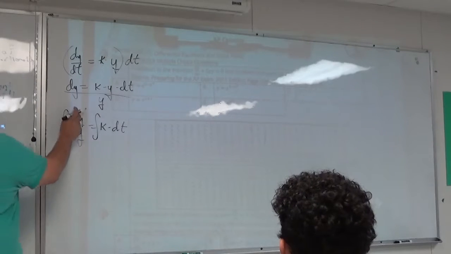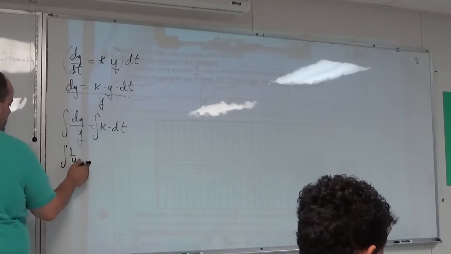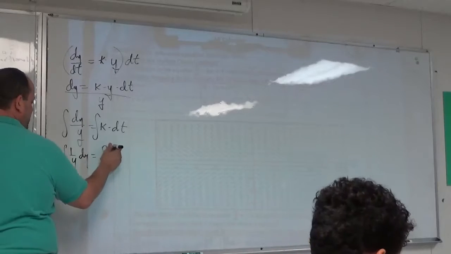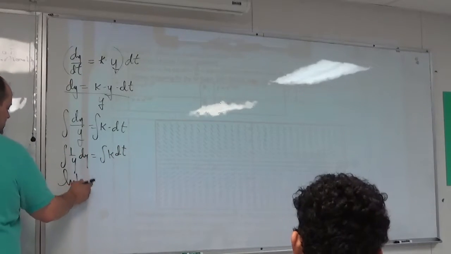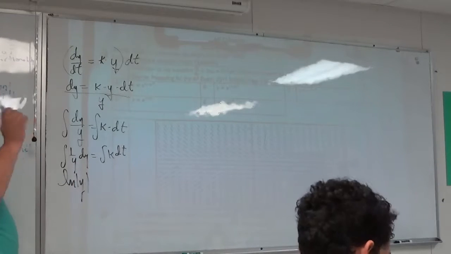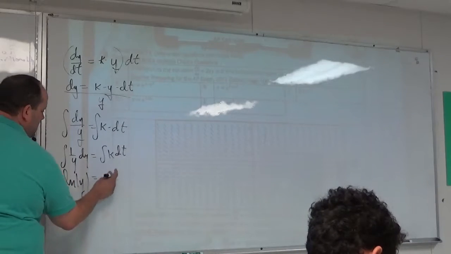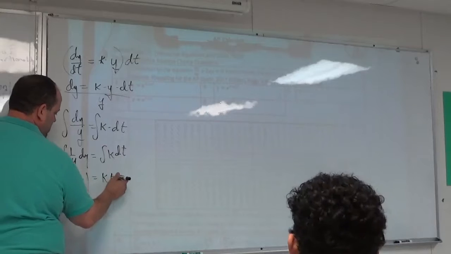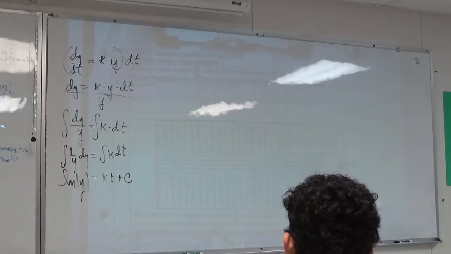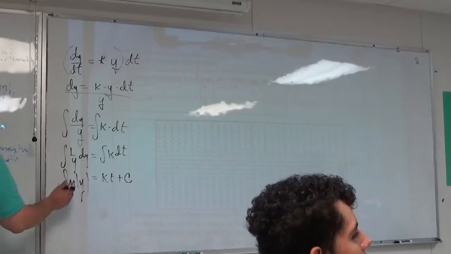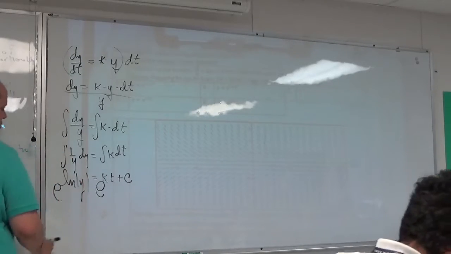Now, I heard somebody say dy over y, that's the same as 1 over y dy. The integral of 1 over y dy, you ought to know, is natural log absolute value of y. The integral of k, where k is a constant, is kt plus c. Don't forget about Charlie, somebody's favorite superhero. To solve for y, you exponentiate both sides.